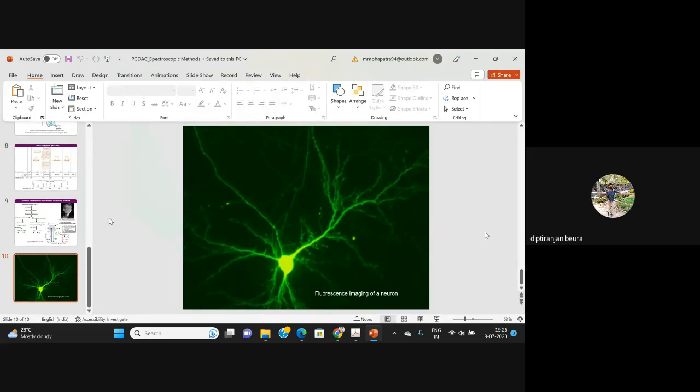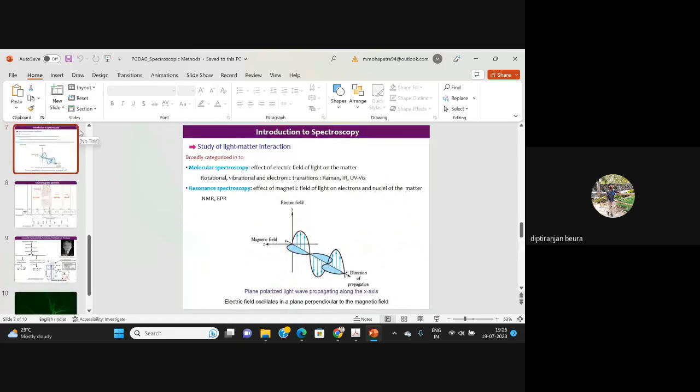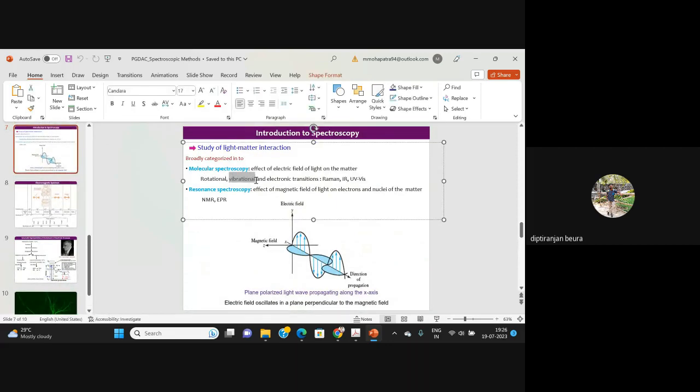But as I was telling you, due to time constraint, we have to focus on certain things. What we have finished: vibrational, Raman and IR, UV visible.